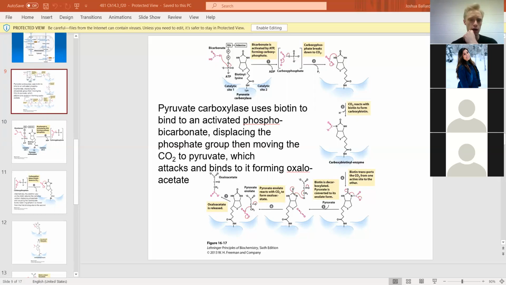Overall, it produces ribose, NADPH, and other pentoses, but that's very broad. I would recommend looking at slideshow 14.4 to review the oxidative side of the pentose phosphate pathway, because there's an oxidative and a non-oxidative side, but mainly review the oxidative pathway.